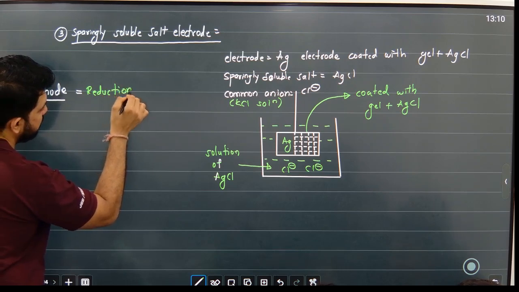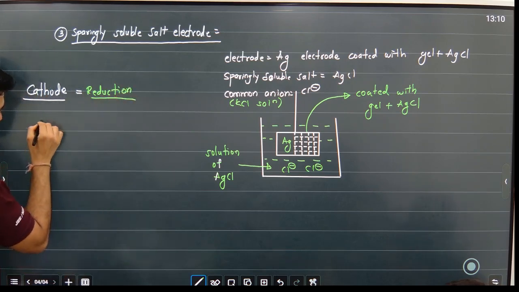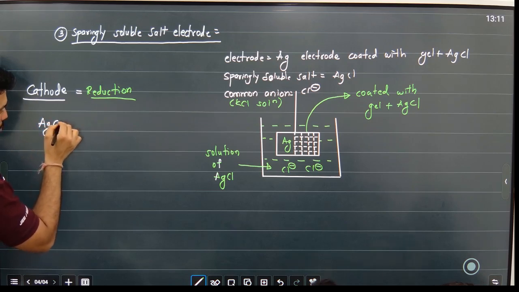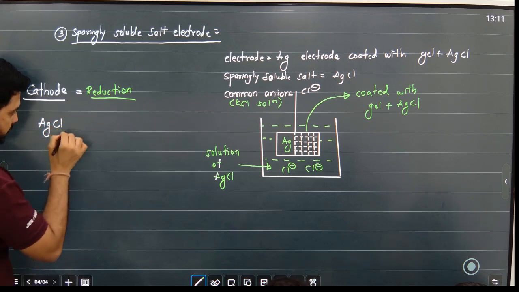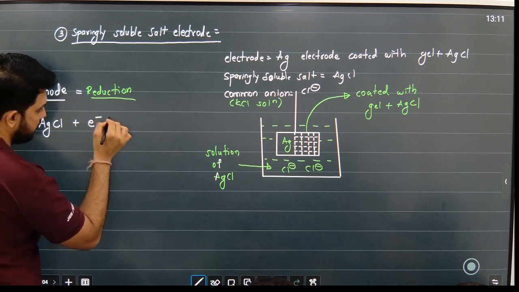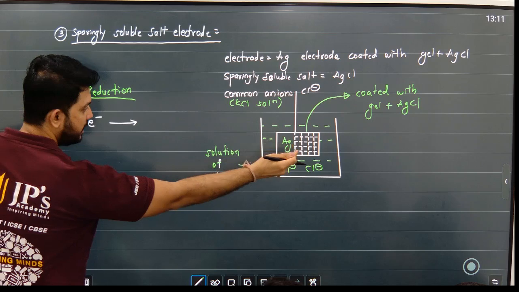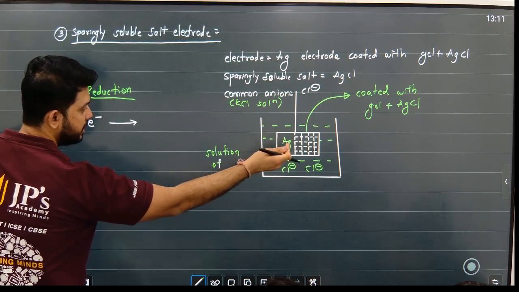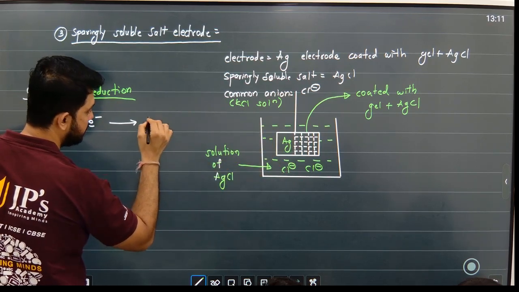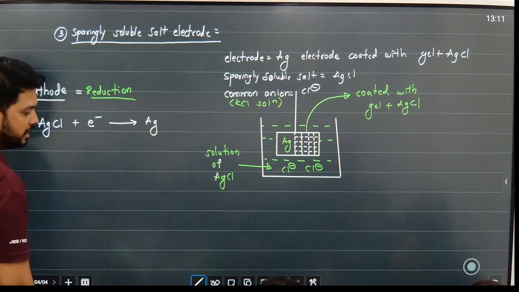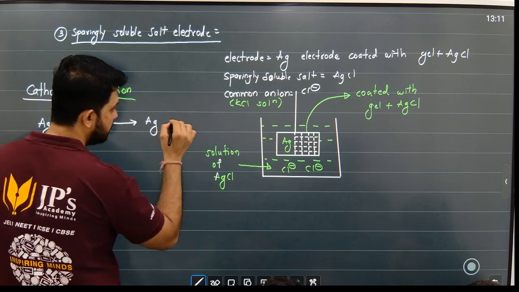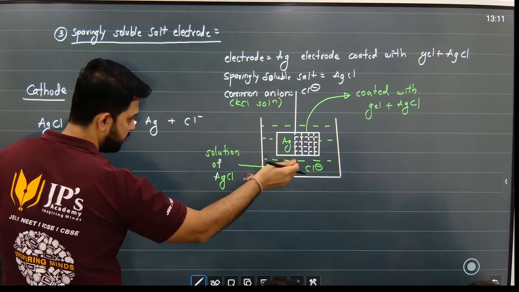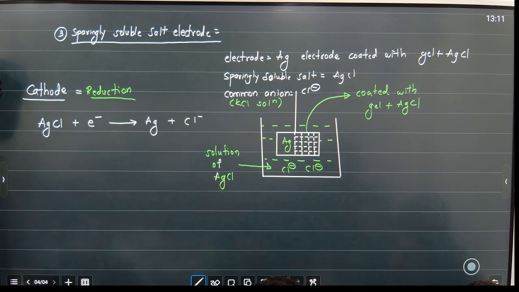The reduction में what happens is your AgCl or your sparingly soluble salt accepts electron, and Ag, which was present in the sparingly soluble salt, gets deposited on the rod, and Cl minus comes into the solution when this is behaving like a cathode or when reduction is taking place.